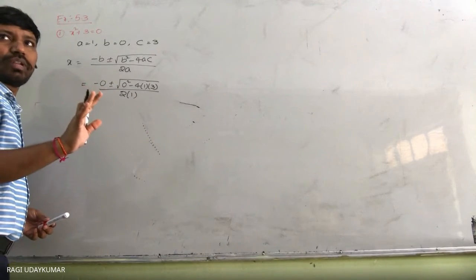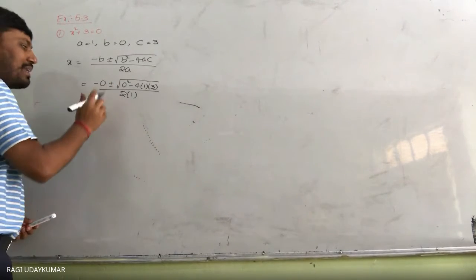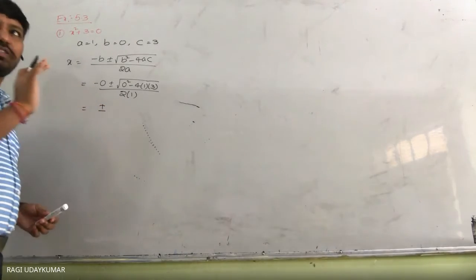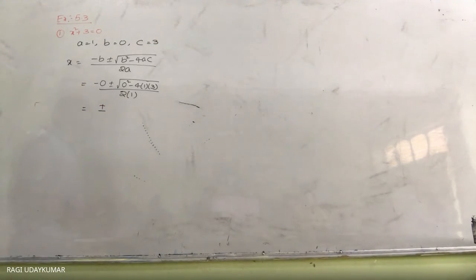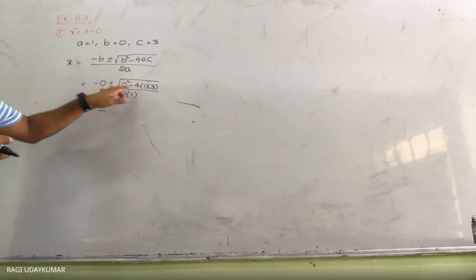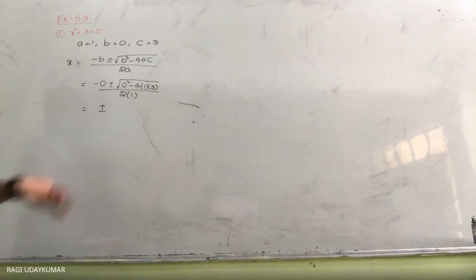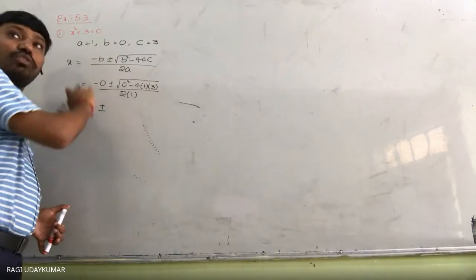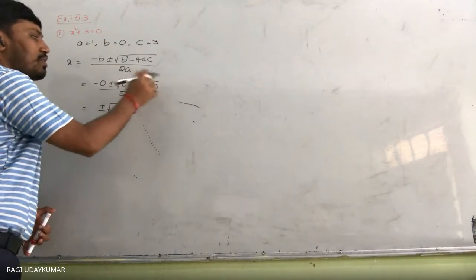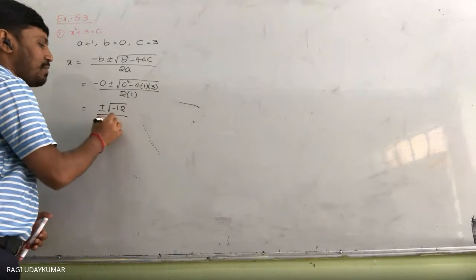Minus 0 means no need to write. Plus or minus should compulsorily be written here. Even if this becomes 0, plus 0 or minus 0 gives the same number. But the square root of a negative number is what we have, so square root of minus 12, by 2.